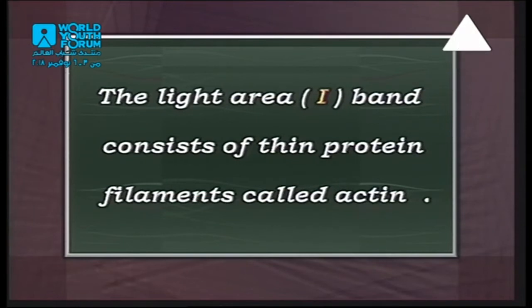Well, the light area is called the I band and consists of thin protein filaments named actin. Again, we have light and dark areas. The light areas are called I bands, consisting of thin protein filaments called actin. What about the dark one?